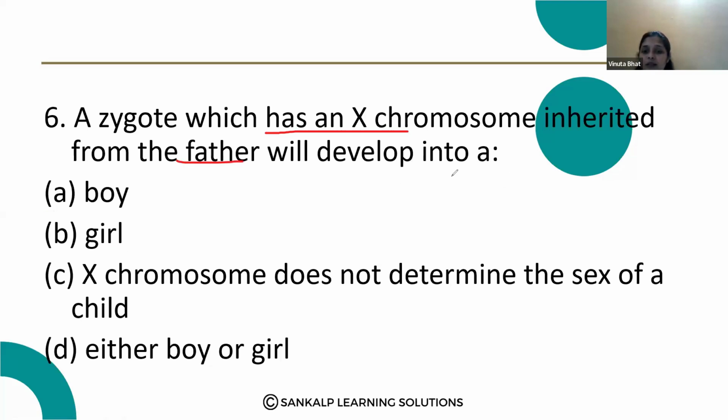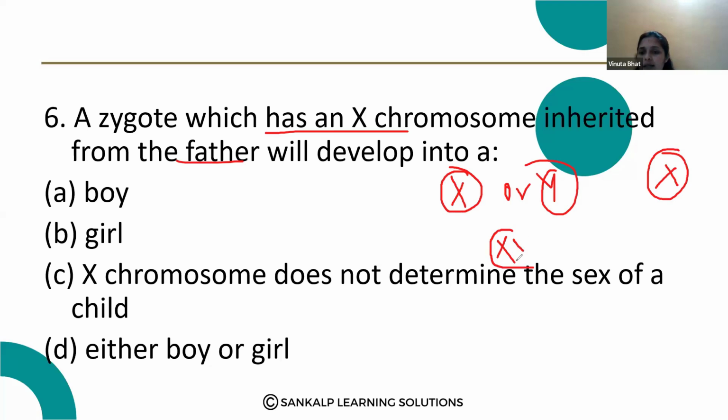From the father, the gamete contains either X or Y chromosome, but the gamete from the mother always contains the X chromosome. So the zygote receives an X chromosome from the father and an X chromosome from the mother. So the sex of the child will be girl, that is female. Option B is the correct answer.